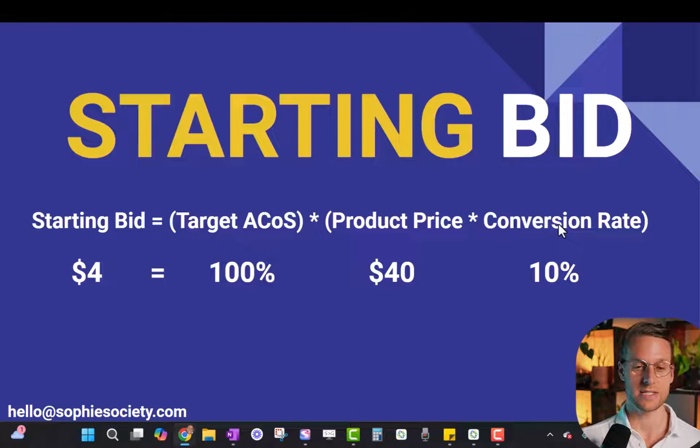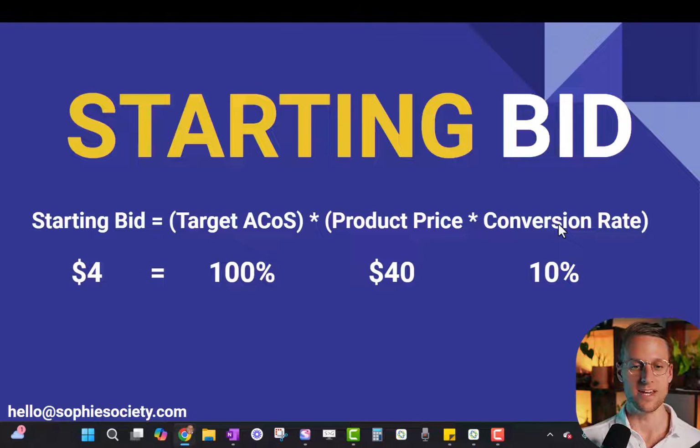That's what I expect to bid, because I'm willing to spend 100% of the retail price to sell the product. My conversion rate is 10%, which means every 10 people that click, they're going to buy one $40 product. So I'm willing to bid $4 because it'll take 10 clicks at that $4 click price in order for me to sell a $40 item.